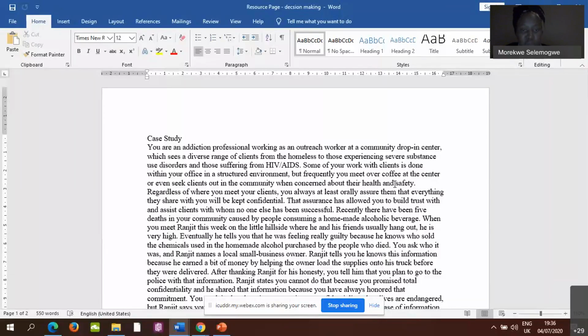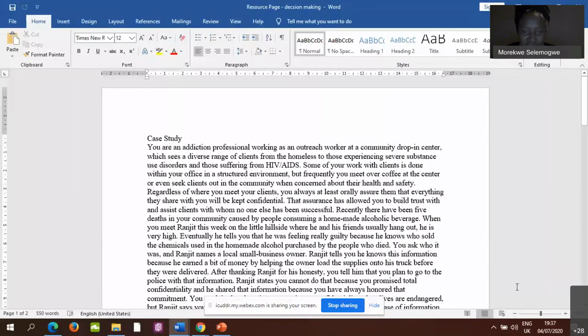Eventually, he tells you that he was feeling really guilty because he knows who sold the chemicals used in the homemade alcohol purchased by the people who died. You ask who it was, and Ranjit names a local small business owner. Ranjit tells you he knows this information because he earned a bit of money by helping the owner load the supplies onto his truck before they were delivered.